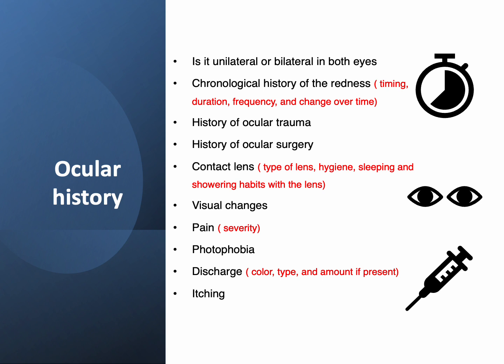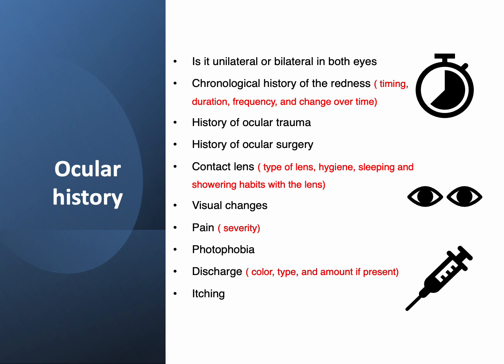Also, we should ask about trauma and recent surgeries. Contact lens use is very important to us. It's not enough to ask whether the patient uses contact lenses only. We should take further history. For example, what is the type of the lens? Is it monthly? Is it daily? What's the hygiene habit of the person? Does he wash it with tap water or with the solution that comes with it?